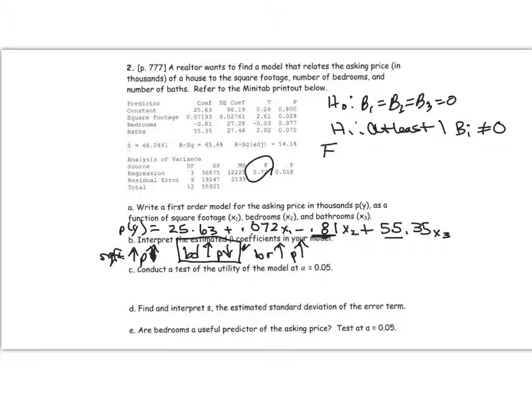F is 5.72. That's pretty good. And then our p-value is 0.018. Since this is a two-tailed test, alpha would be 0.025, and 0.018 is less than 0.025, so p is less than alpha, so we would reject our null hypothesis. This is a useful model.